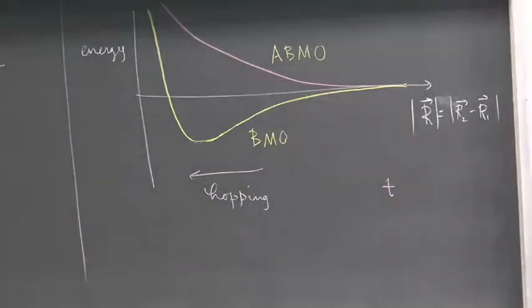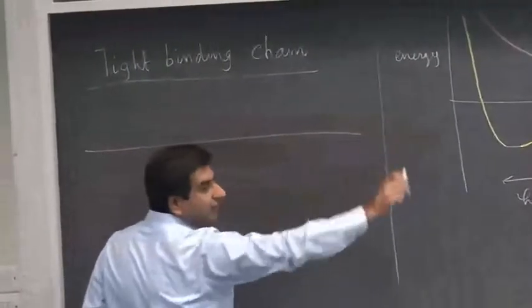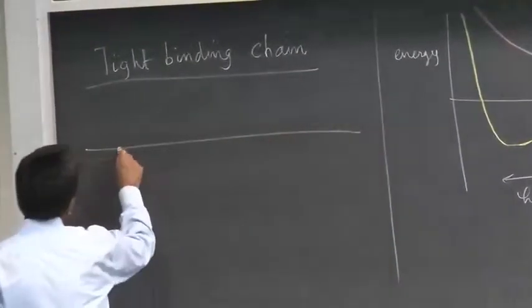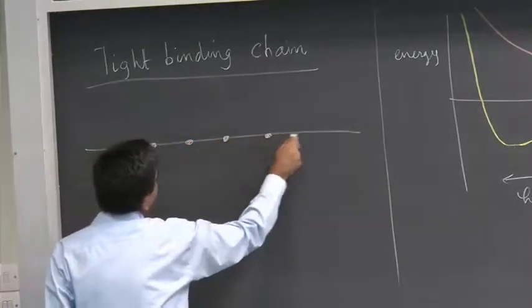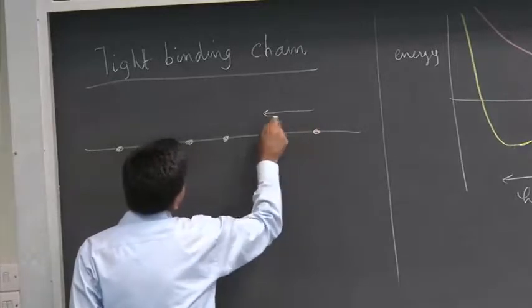So suppose I have a long chain of atoms, a lattice, a 1D lattice, 1 atom per lattice point, and the separation is a.